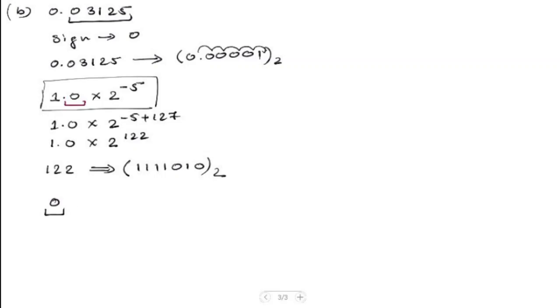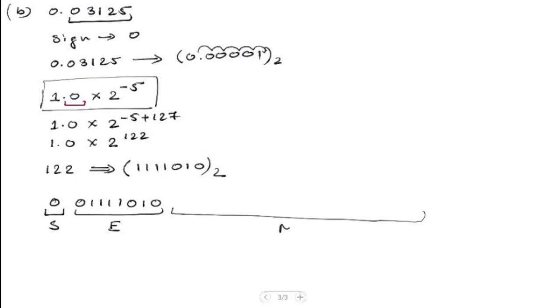Then for the exponent we have 7 bits, but we need 8 bits, so the first one we fill up with 0, and then we have 4 ones and 0, 1, 0. So those are the 8 bits for the exponent. And then we fill up the 23 bits for the mantissa with all zeros until the end.